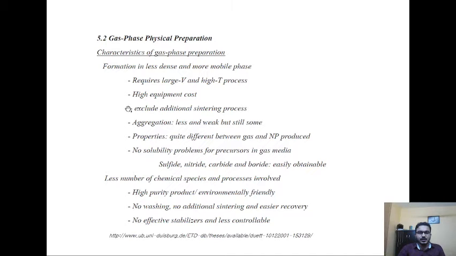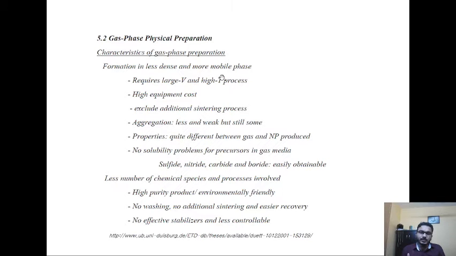Next we will be discussing gas phase physical preparation. For that we will be understanding the characteristics of gas phase preparation. In case of gas phase, the formation is less dense, so volume will be high and it will be more of a mobile phase.